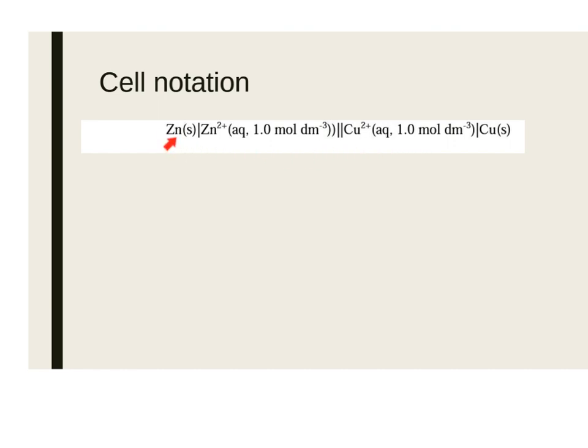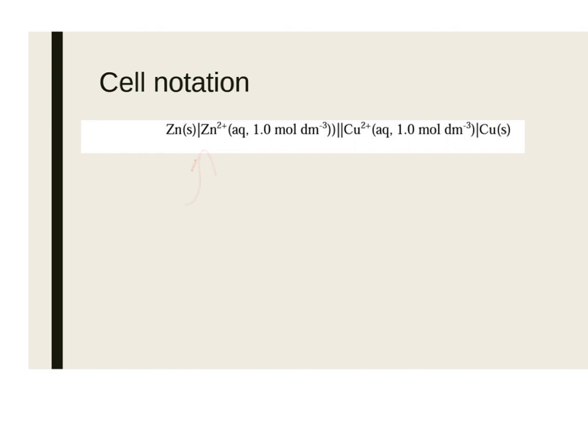And you can also see here in anode zinc solid, we have to write down the physical state, and then zinc 2 plus aqueous, and we also have to mention the concentration here. But you can see here in between these two, zinc solid and zinc 2 plus solution, we have a vertical line, single line.